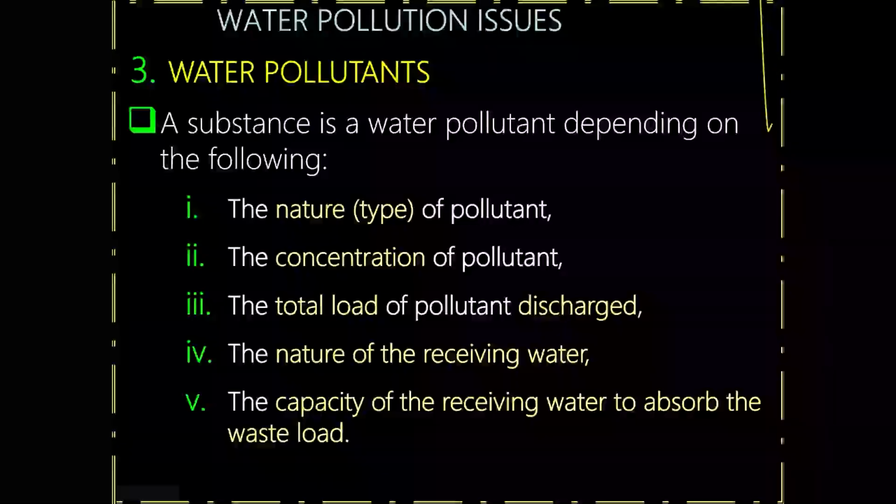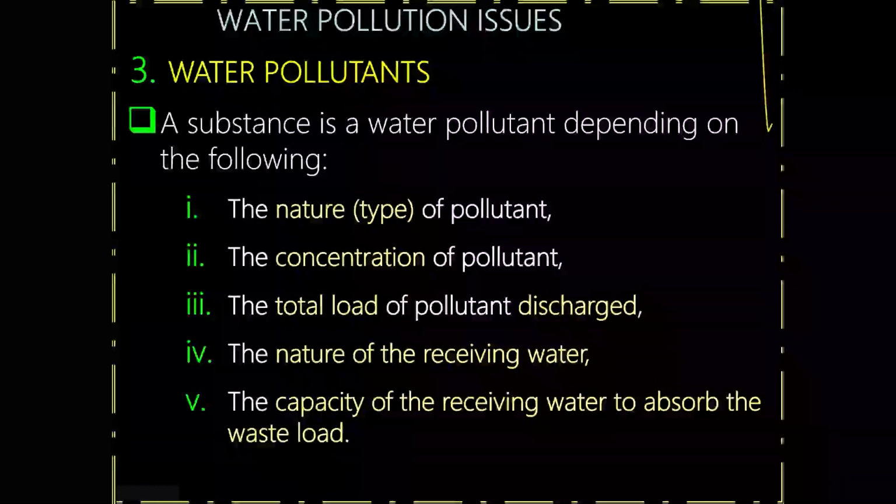So all these characteristics will come together for us to now determine if the substance is a water pollutant. And mind you, it doesn't mean that you have to meet all these conditions before you can say it's a pollutant. It can only be concentration.